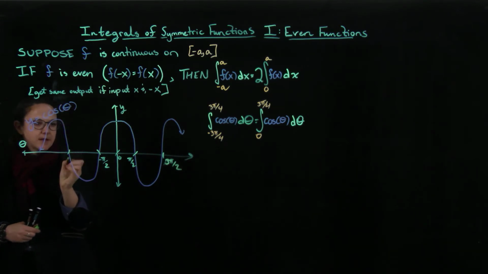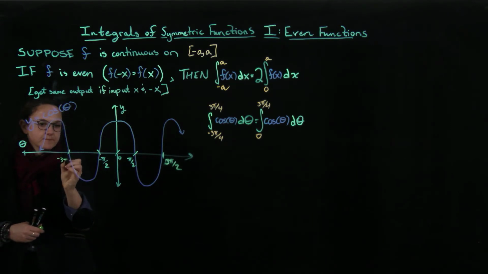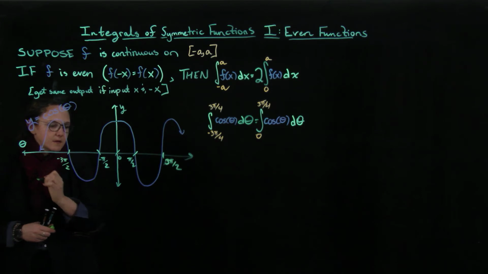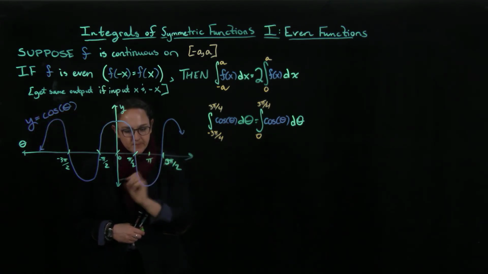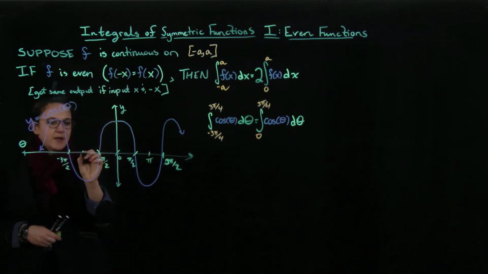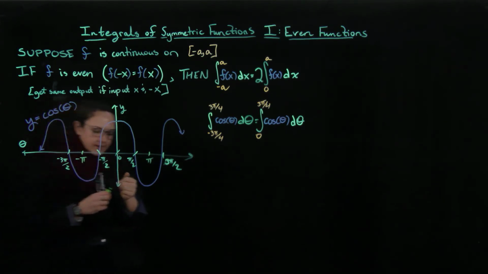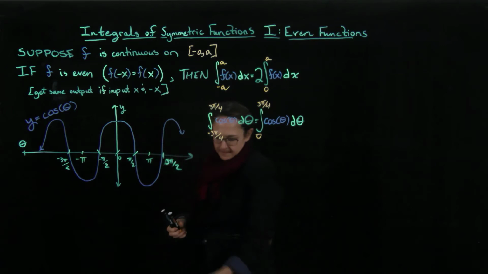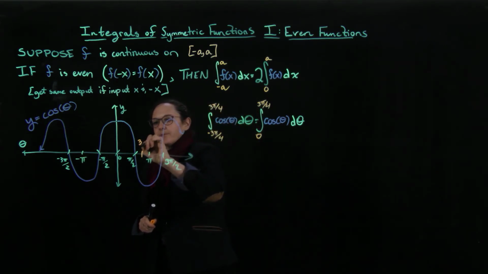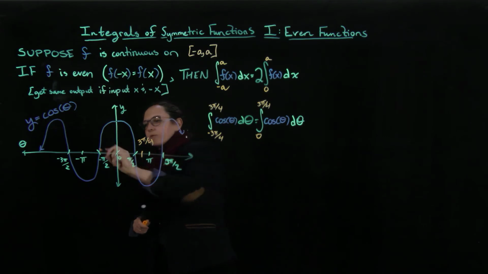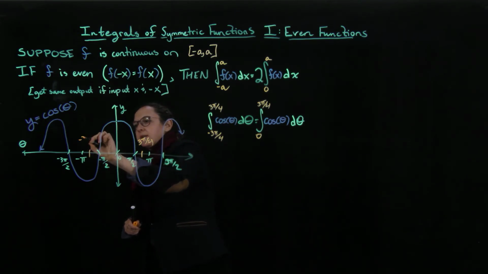This is minus 3 pi halves, this is pi here, and this is minus pi. So where is 3 pi fourths? It should be right between here. We're looking at what happens between minus 3 pi fourths and 3 pi fourths.